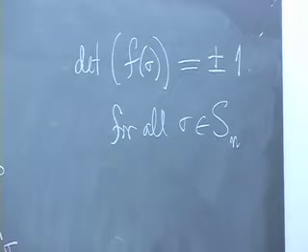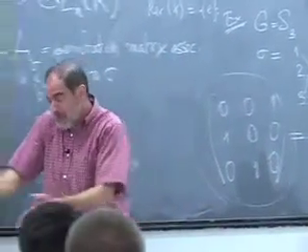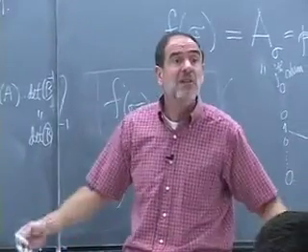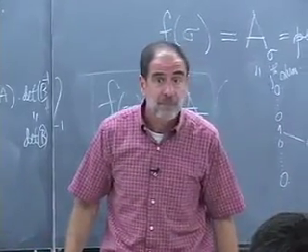Well, if you know the horrible formula for a determinant where you sum up n factorial things, there's only one of those things that's going to be non-zero. It's going to be a 1, because it's going to be a product of the entries. And it's going to come with a plus or minus sign. So the determinant is plus or minus 1.